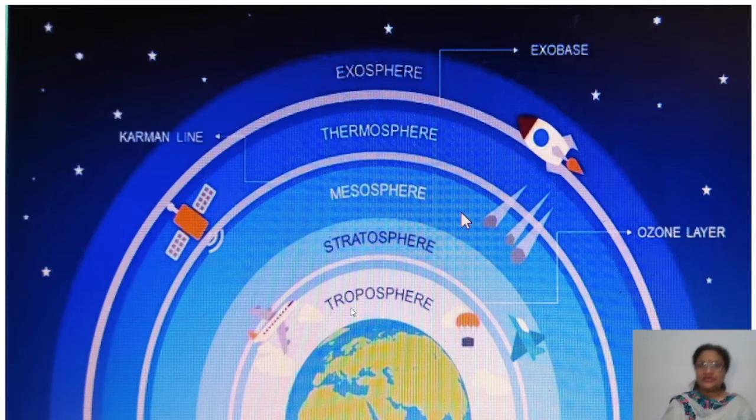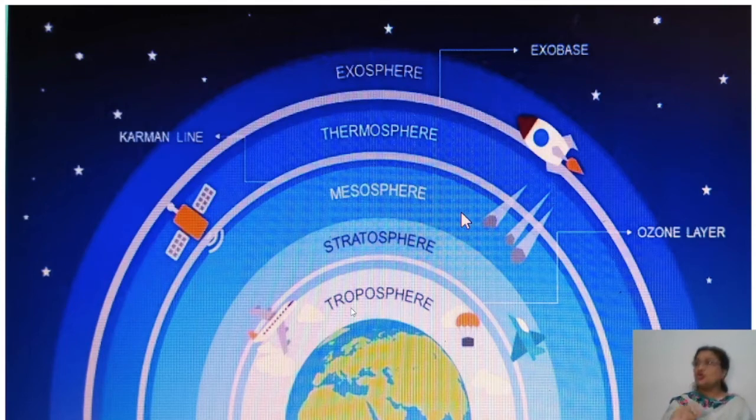So you can easily understand the air which we are breathing at present. Whichever part of the world we are in, we are inhaling in this troposphere only.